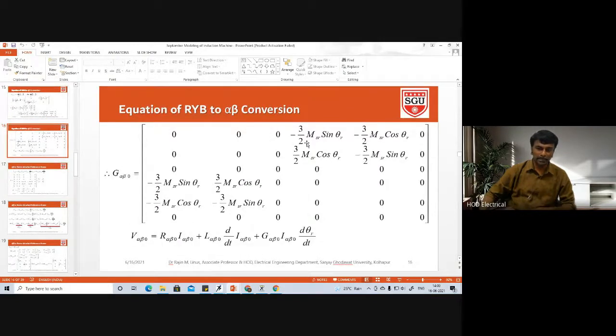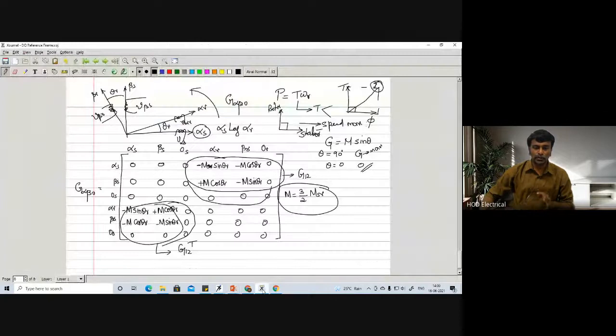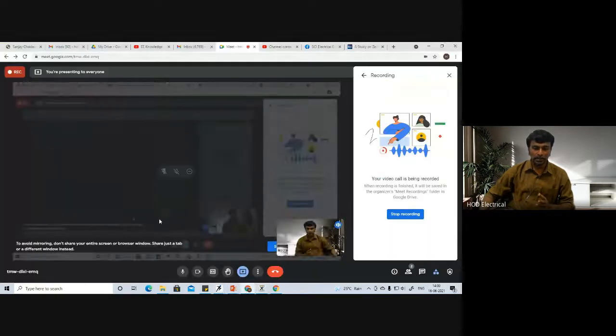See here minus 3 by 2 MSR, minus 3 by 2 MSR sin cos theta, 3 by 2 MSR minus 3 by 2. This is the transpose of this matrix. So with this we can understand how one can write this equation in this form.